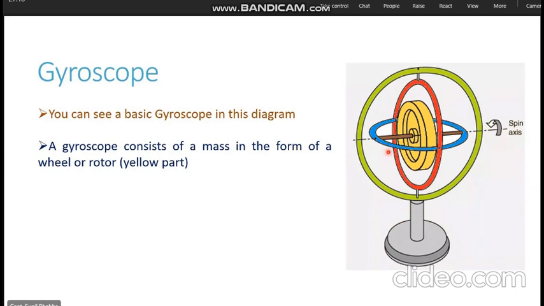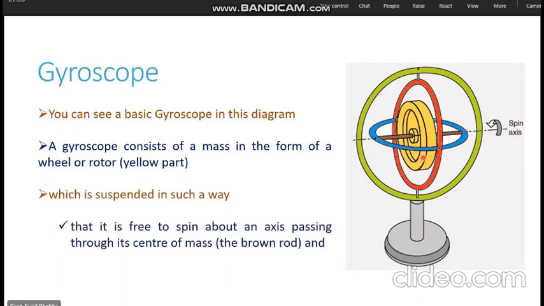As you can see in this diagram, this yellow color part is the rotor, and this rotor is suspended or fixed in a special arrangement. You can see that it is suspended in such a way that it is free to spin about an axis passing through its center of mass.